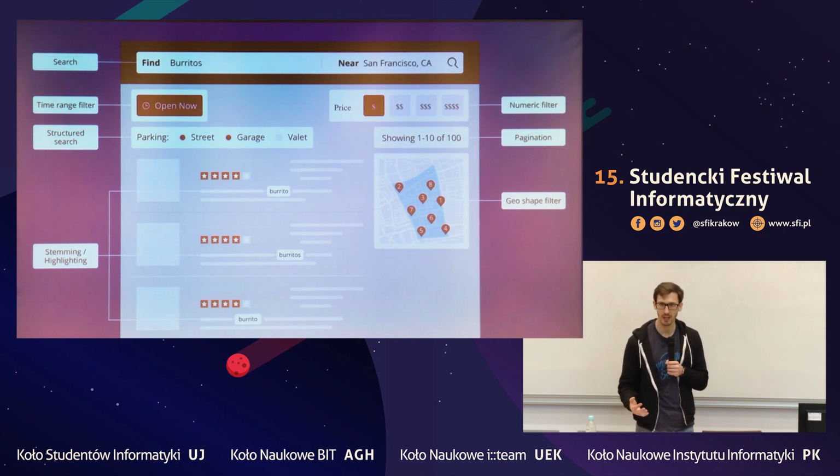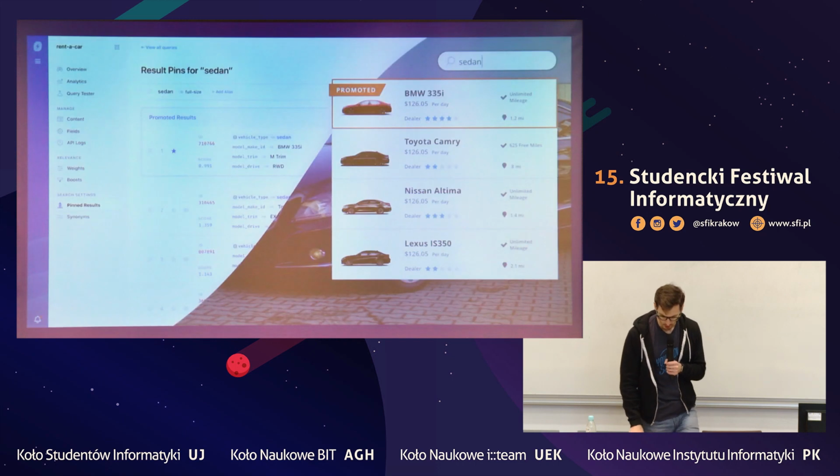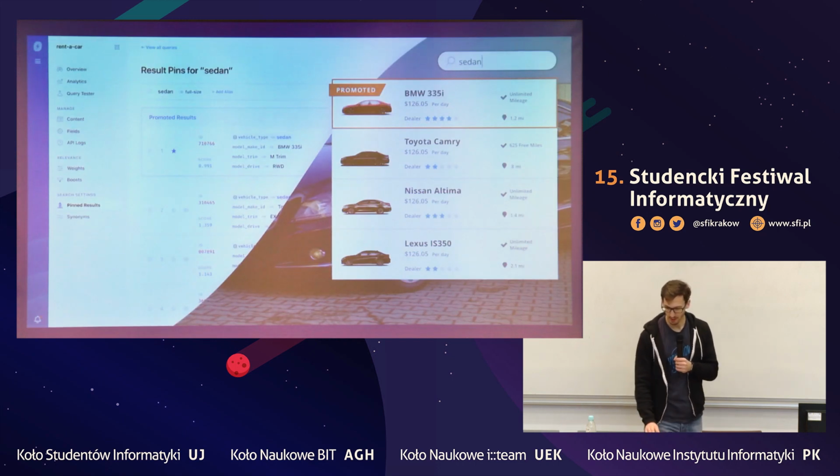But you can still build that because this is just built around Elasticsearch, a kind of wrapper around it, with a nicer interface. You also would get an interface, for example, on the right-hand side here, this would be your website. You search for sedan, and this is what results you get back, and this, for example, would be promoted. And you have a UI in the background where you can actually simulate a search, and then you could say, for this search term, I want to have a promoted result.